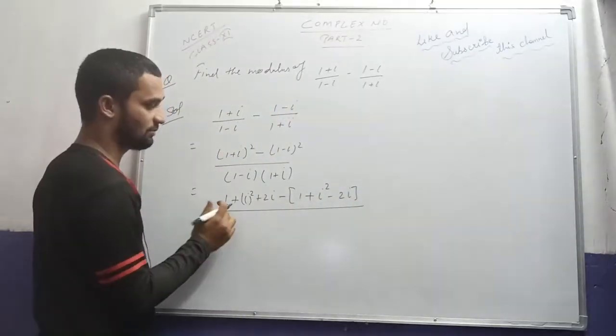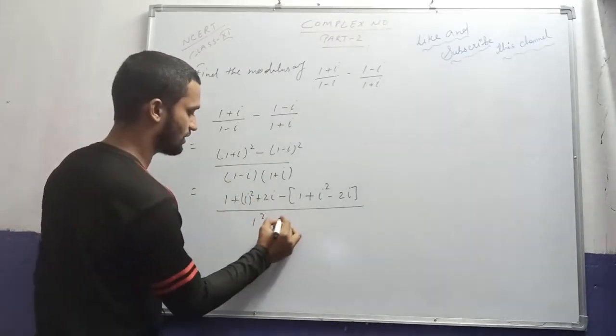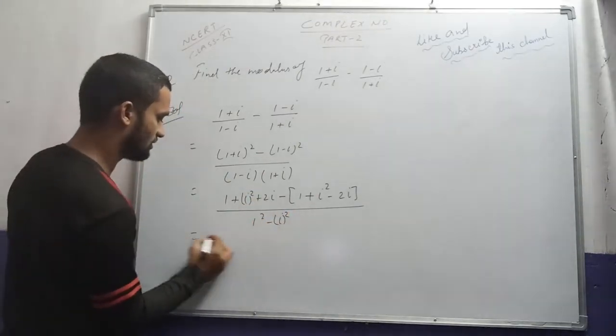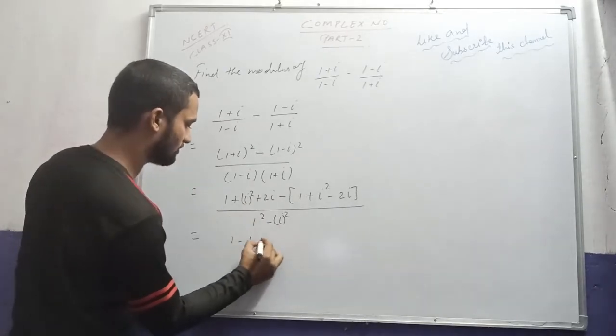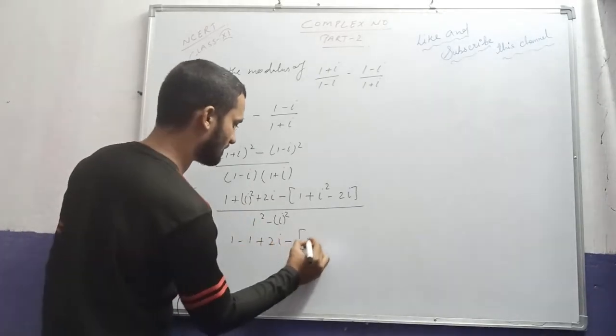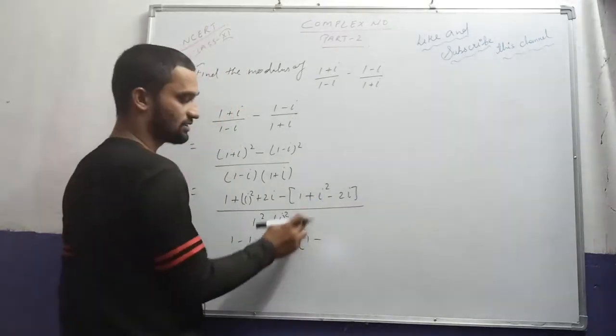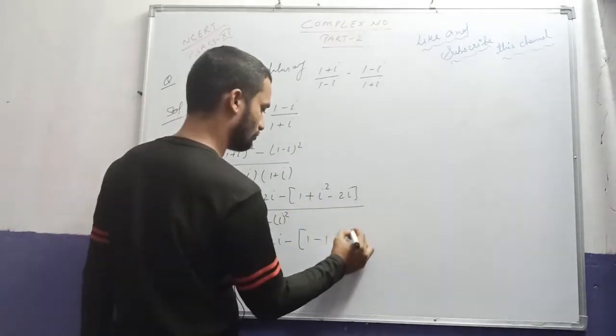A plus b, a minus b, so 1 square minus i square. This will be 1, i square is what? Minus 1, plus 2i, minus bracket 1 plus, then minus i square is minus 1 minus 2i.